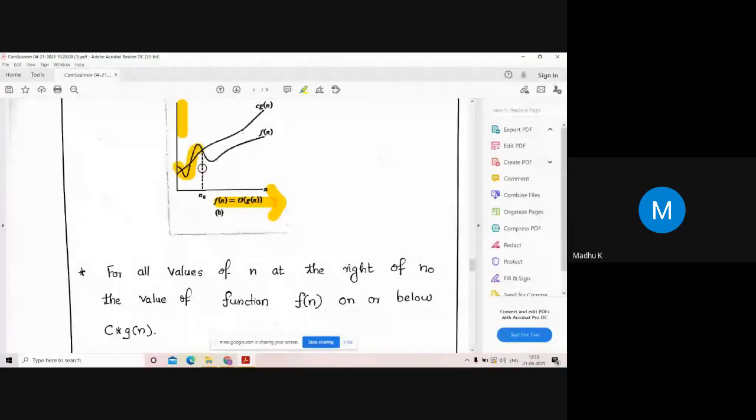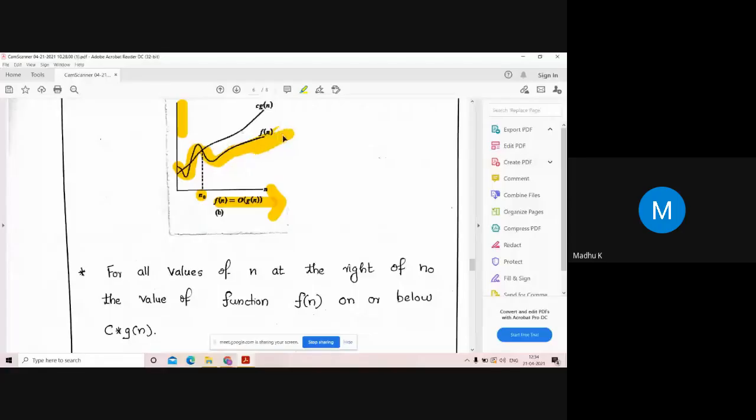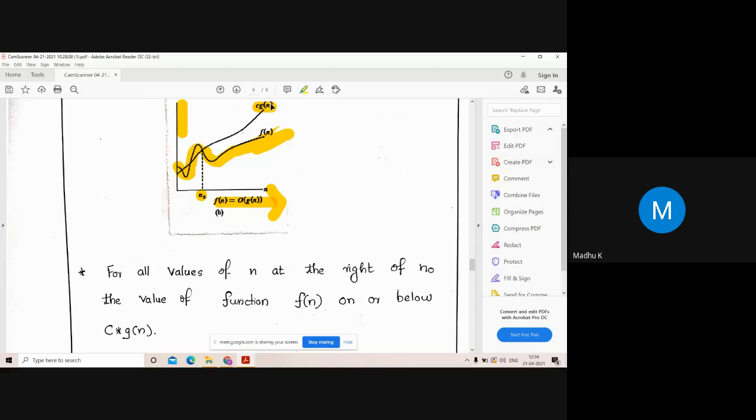If f of n is equal to big O of g of n, then after a particular positive value n0, f of n should always be less than c into g of n.